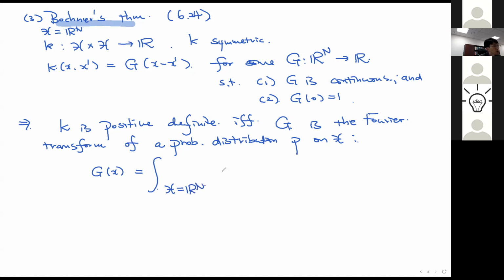The integral over R^n, but we are computing the exponentiation of the complex number i times the inner product of w and x.